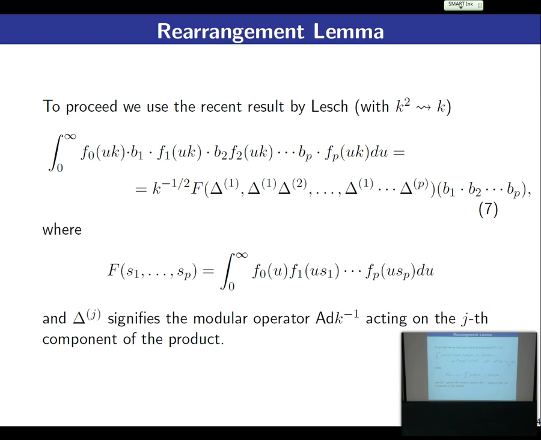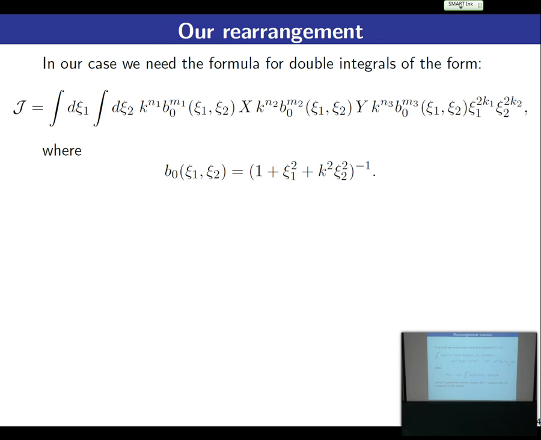So one takes this product of these functions at first u, then u times s1, up to sp, and this function f as a function of p values from s1 to sp has such a form, okay? So I already explained that this is the adjoint by k inverse operation acting on the jth element of this product.